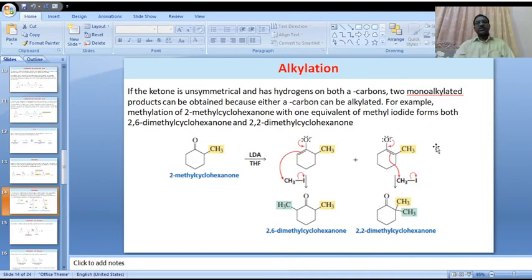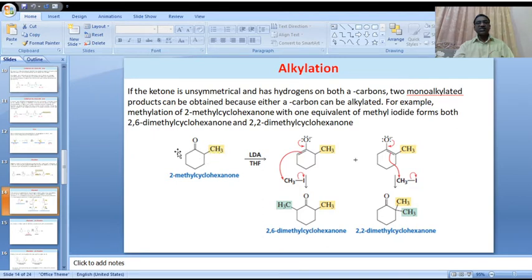If the ketone is unsymmetrical, please observe 2-methyl cyclohexanone. In 2-methyl, an extra methyl group is present on the alpha carbon.